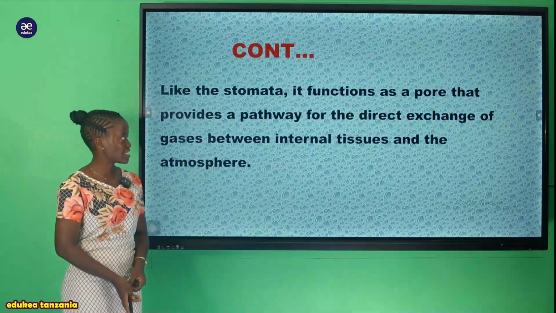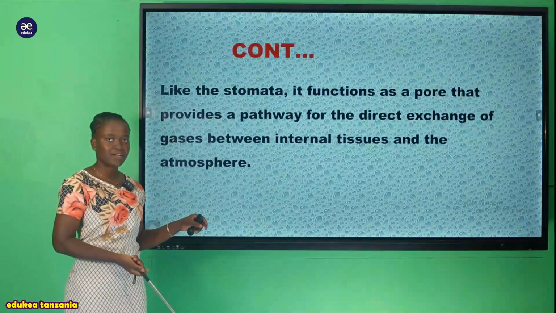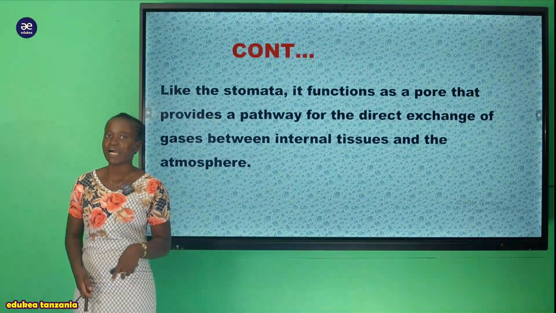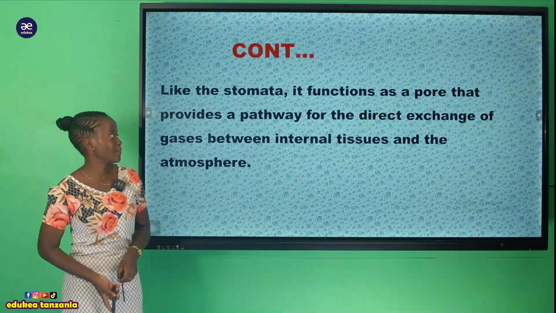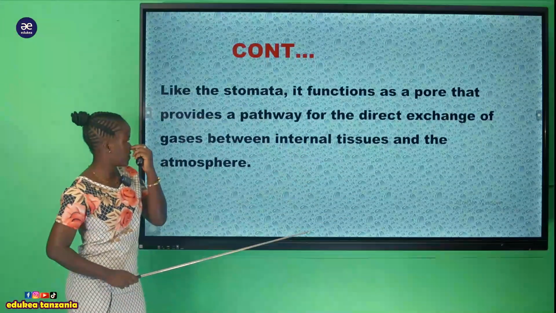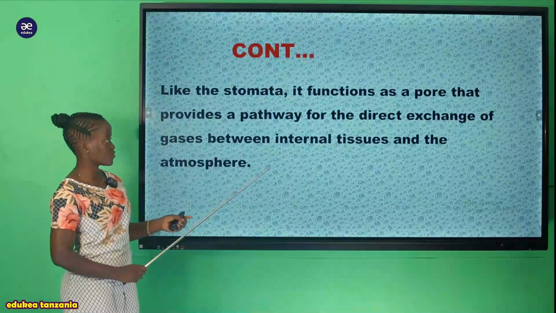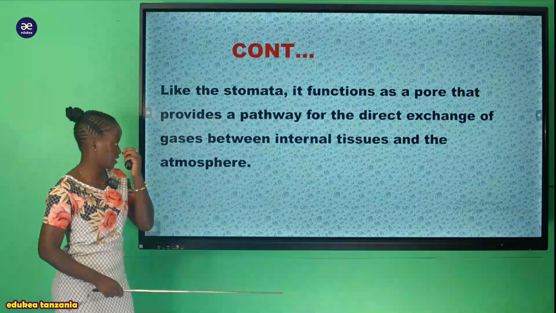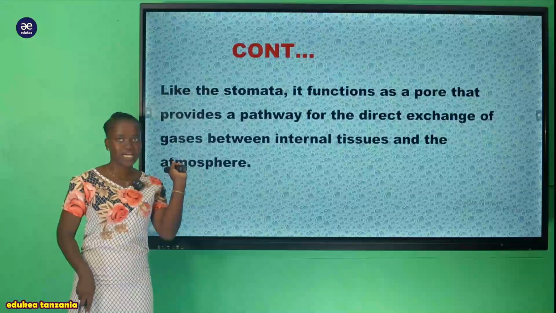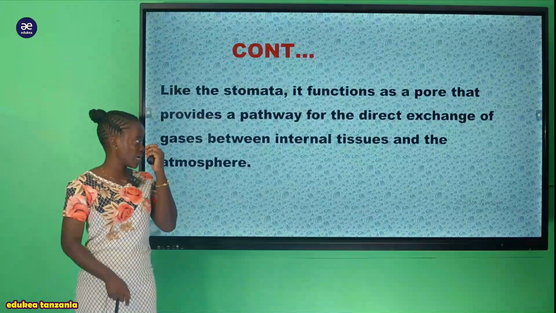But also there is a presence of a stomata. Kwa hiyo sasa ile lenticel inafanya kazi sawa na stomata, ambapo the stomata functions as a pore that provides a pathway for the direct exchange of gases between the internal tissues and the atmosphere. Tumeona zile tissues ambazo zinapatikana within the plant body.